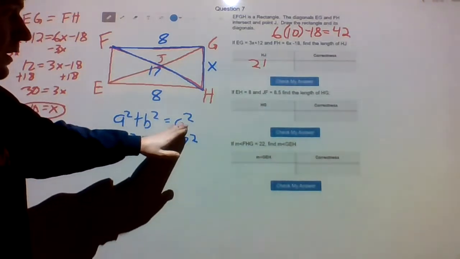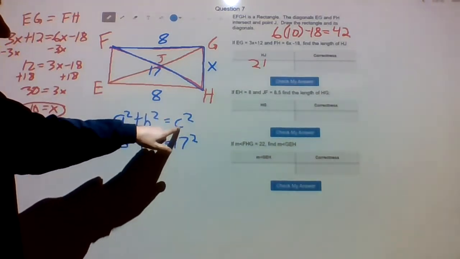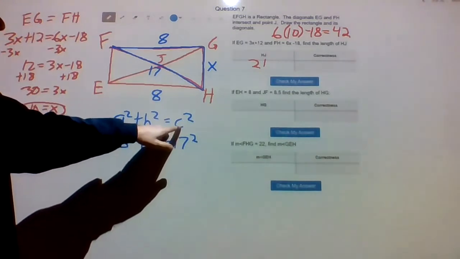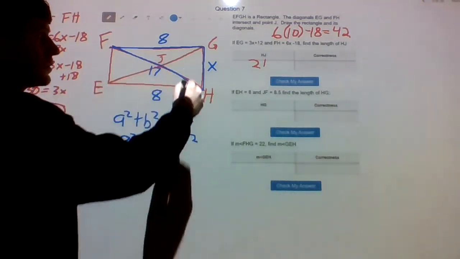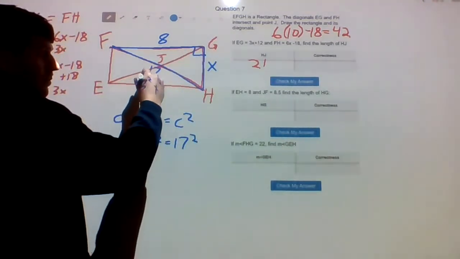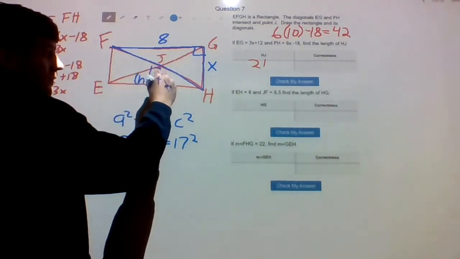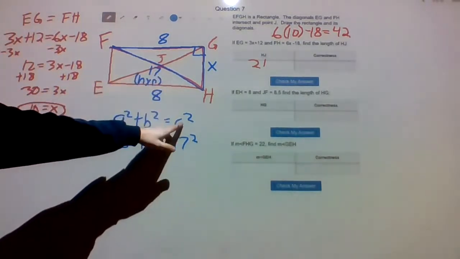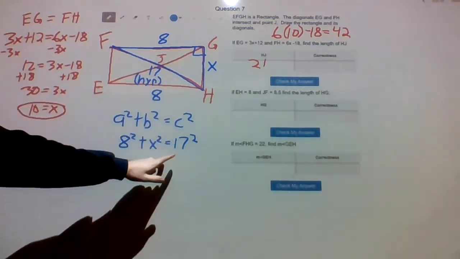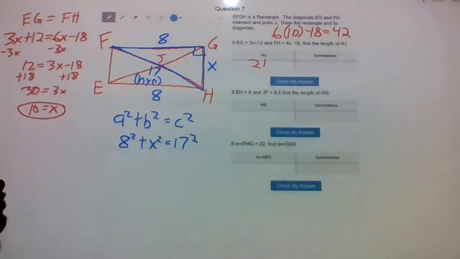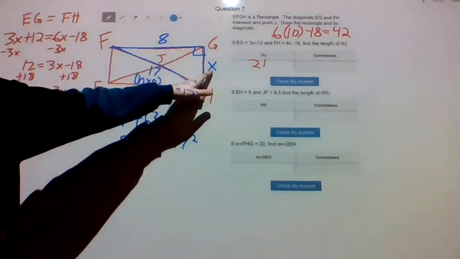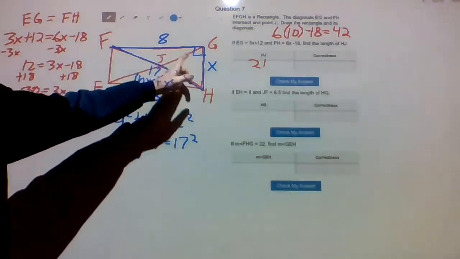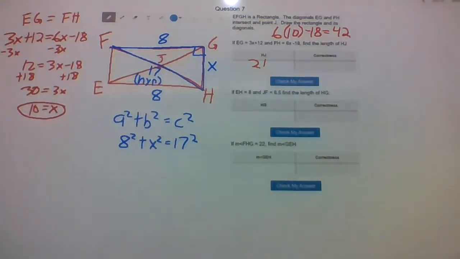The c is the hypotenuse, so it doesn't matter. C could be x or it could be a number, but you have to look at your diagram. Here's our right angle, so this is your hypotenuse. Right, so that has to be your c. Whatever your hypotenuse is the c. So it's equal 17 squared, not equal to x squared. Leg squared plus leg squared equals hypotenuse squared. 8 squared plus x squared is hypotenuse squared.